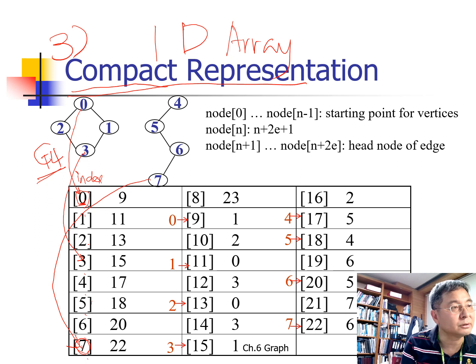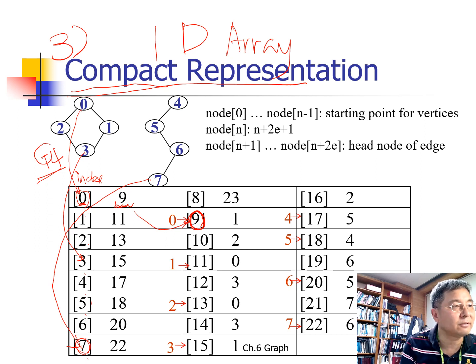The value of the array means where the adjacent vertex will be stored. So this 9 means index 9.